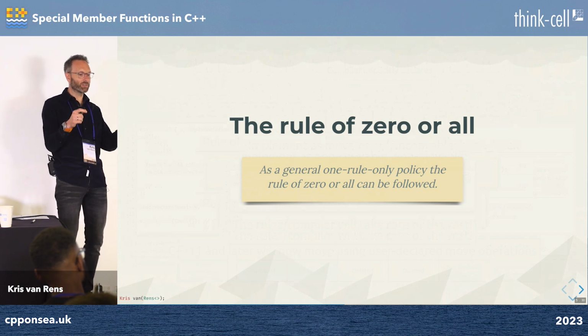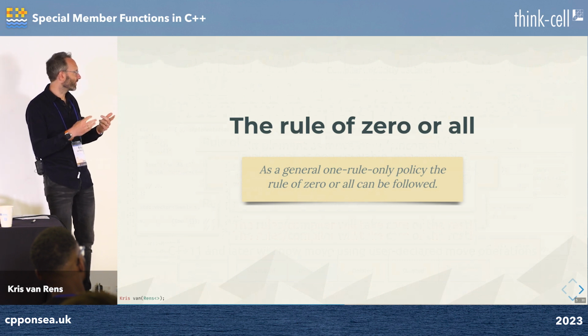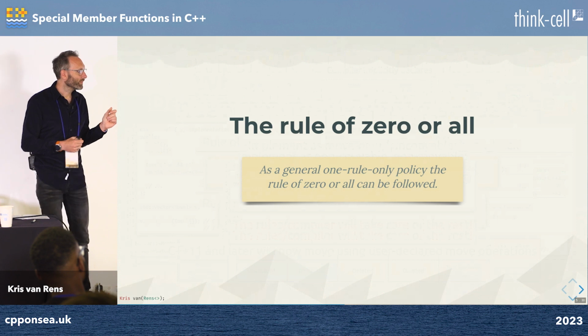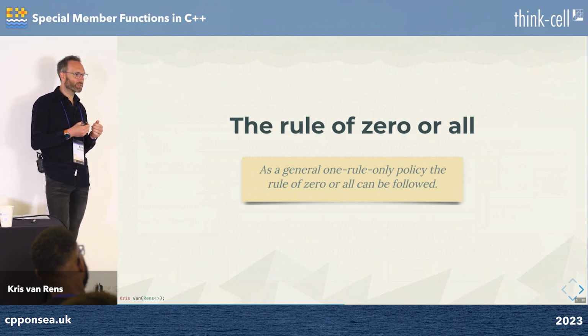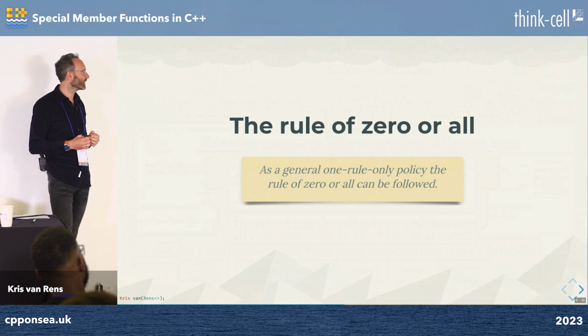This is already very useful for review. If you encounter a review and someone's making a custom type and does either nothing or all of it, then you're fine. But you're triggered if they are using some kind of mixture, so they only define the move operations. Then they really need to have a good story.